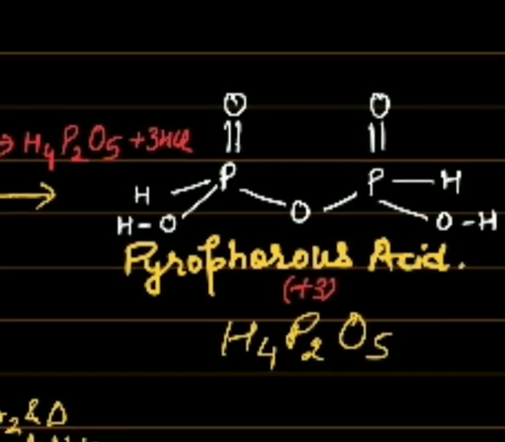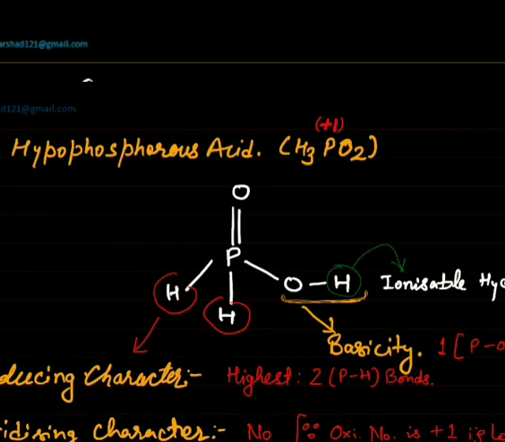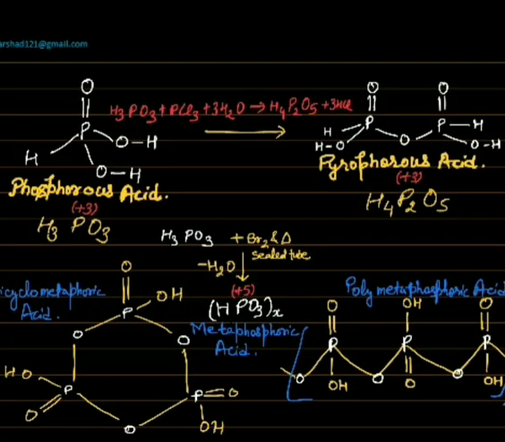So this is an easy trick to learn how to draw the structures. One more thing must be kept in mind: when we see the suffix OUS, then the oxidation state of the oxoacid is always +3. But in the case of hypophosphorus acid, it is less than +3, that is +1.